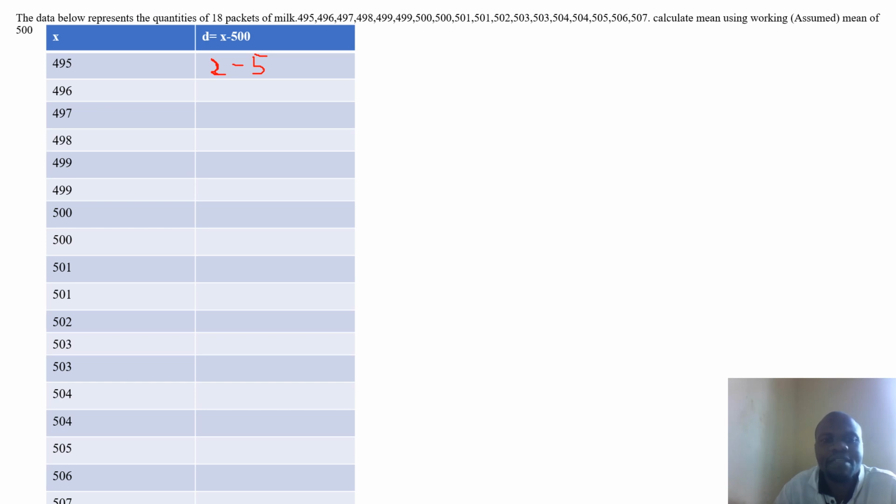Here, if I take 495 and subtract 500, I'm going to get D of negative 5. If I take 496 minus 500, I'll get a negative 4. If I take 497, I'll get a negative 3. If I take 498 minus 500, I get a negative 2. And if I subtract 499, I get a negative 1.